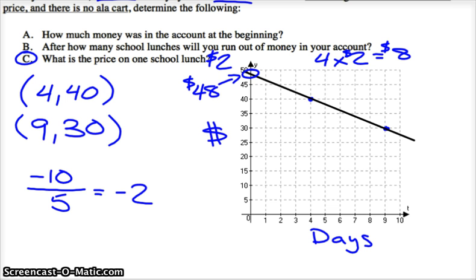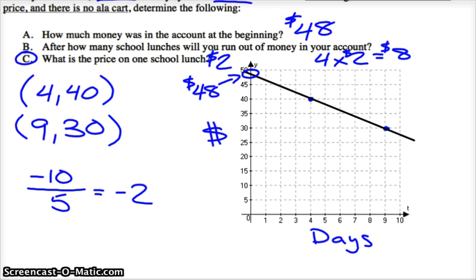And remember, our y-intercept is when our x is 0, or when the number of days we have is 0. And so without buying any meals, at day 0, we have $48. So that is our answer to question A. How much money was in the account at the beginning? That would be $48.